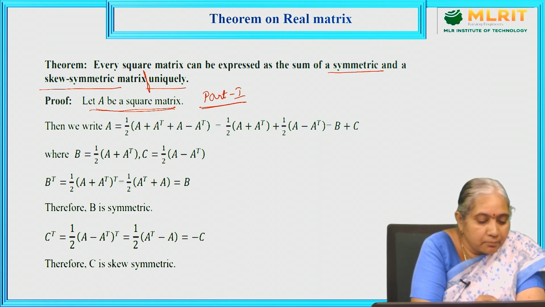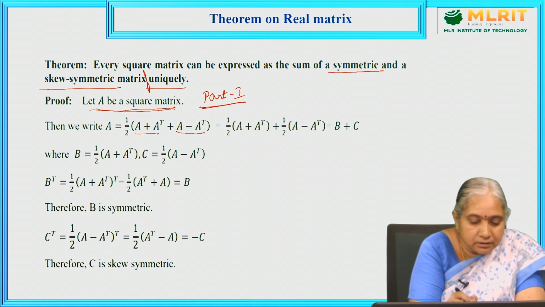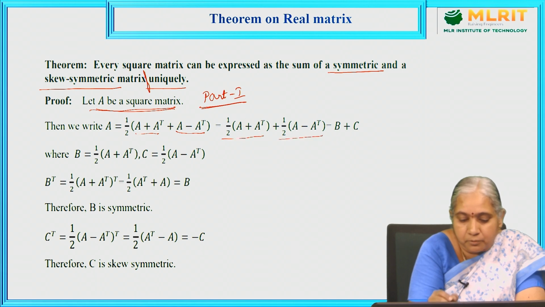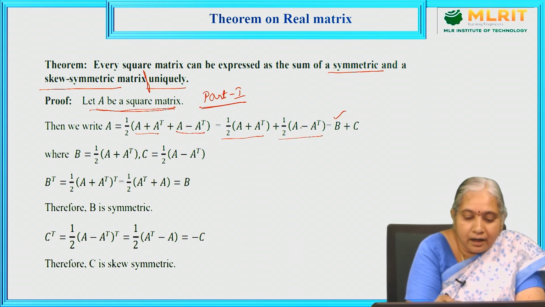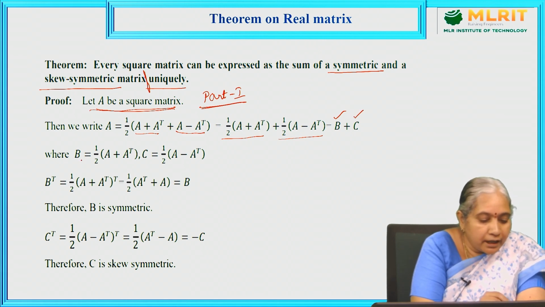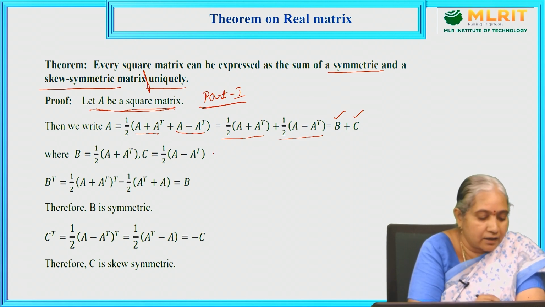So 2A by 2 means A. So A equal to 1 by 2 into A plus A transpose plus A minus A transpose. So separate the terms as 1 by 2 into A plus A transpose plus 1 by 2 into A minus A transpose. Let this matrix be denoted by B and this matrix be denoted by C. So B equal to 1 by 2 into A plus A transpose and C equal to 1 by 2 into A minus A transpose.